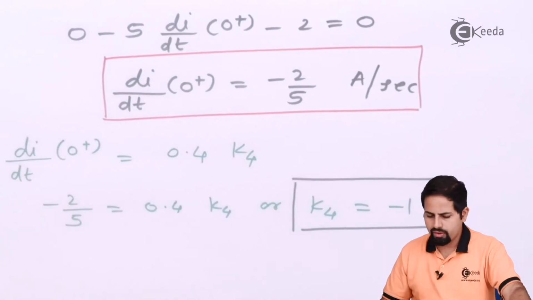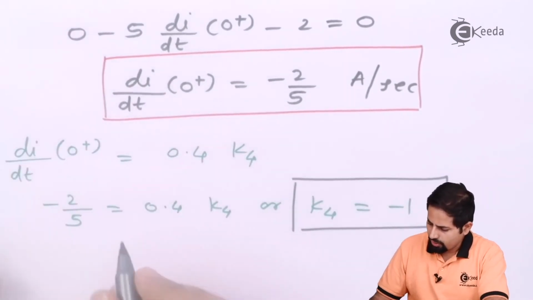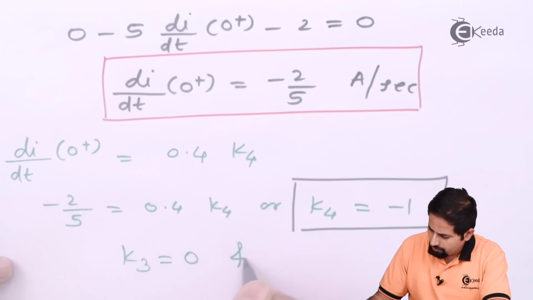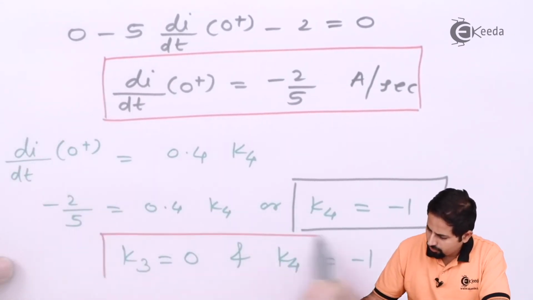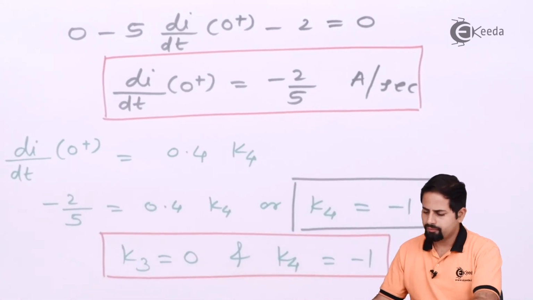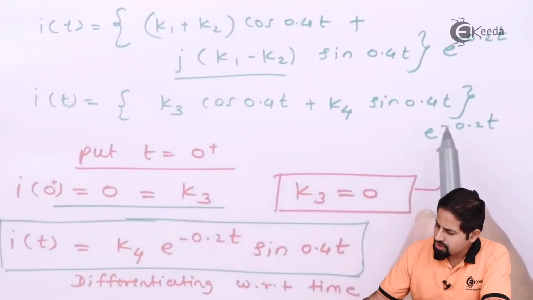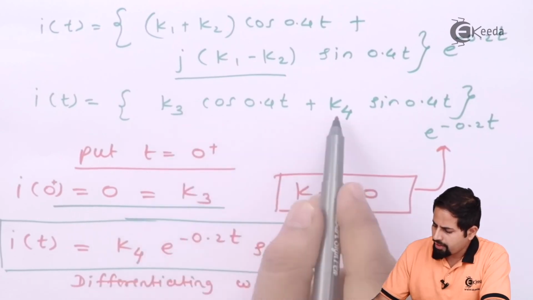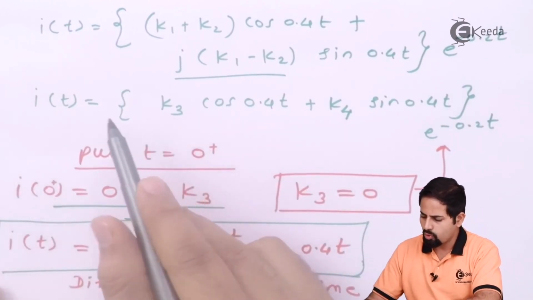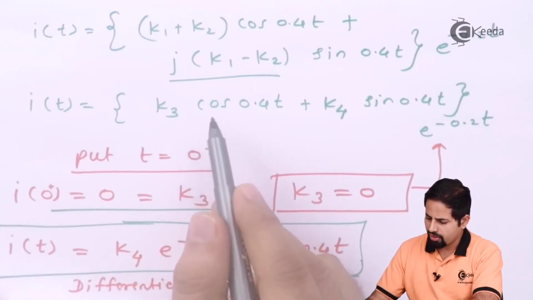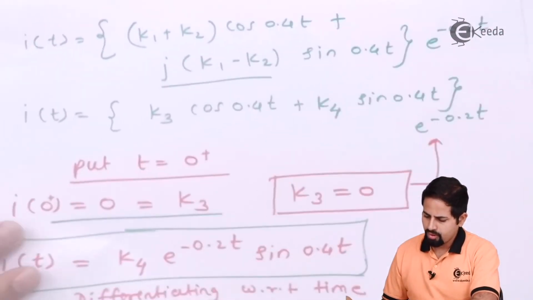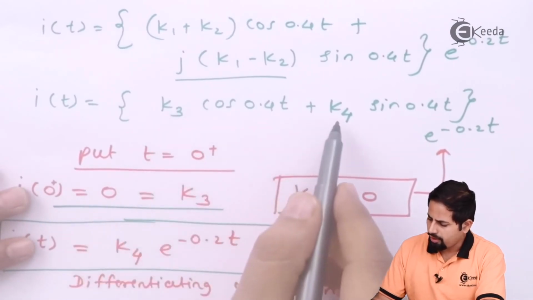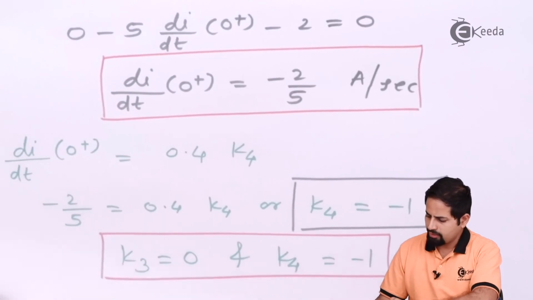So finally we have got all the constants. So k3 is 0 and k4 is minus 1. When you substitute this in this equation, we got k3 and k4 both values. K3 is 0. So in this equation, i of t is nothing but k4, which is minus 1.